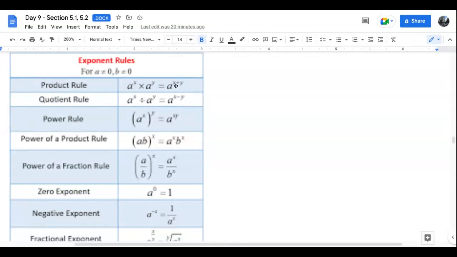Okay, product, we add the exponents. Division, we subtract the exponents, the numerator one minus the denominator one.